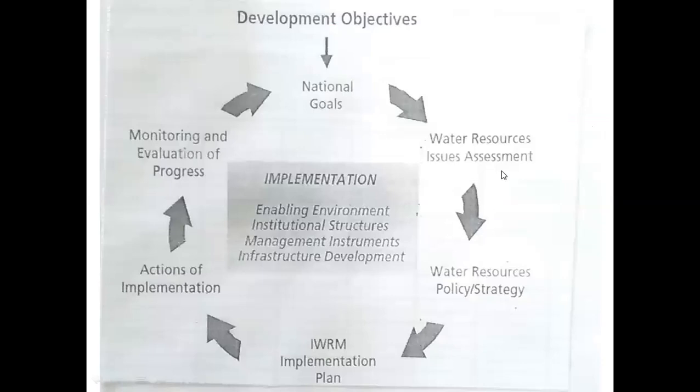The main agenda of development objectives: if you're trying to develop water resource management here, the main objectives are the national goals. Those goals are used here, and they are assessed. Whatever issues and water resource problems there are, they are assessed here. Then with respect to this assessment and the problems, solutions are made.